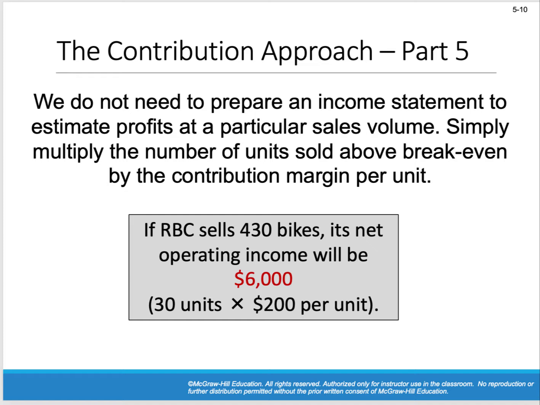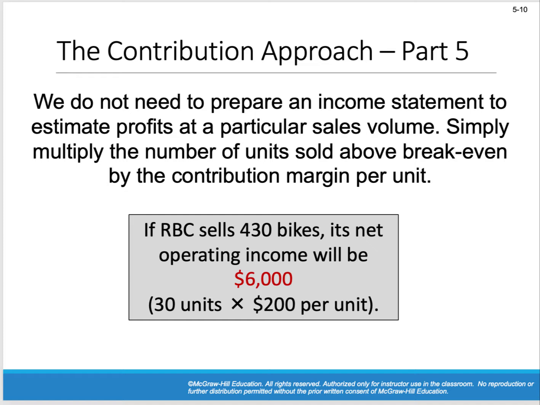If we want to do CVP analysis and we know we're above the break-even point, we do not need to prepare a contribution formatted income statement to estimate profit at a particular sales volume. We have a shortcut method. That shortcut method says multiply the number of units sold above break-even by the contribution margin per unit.